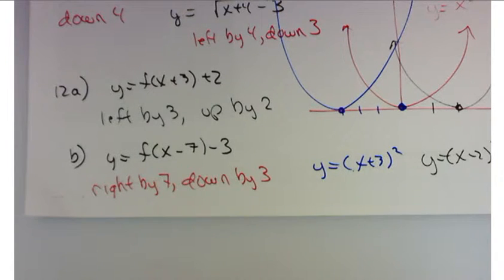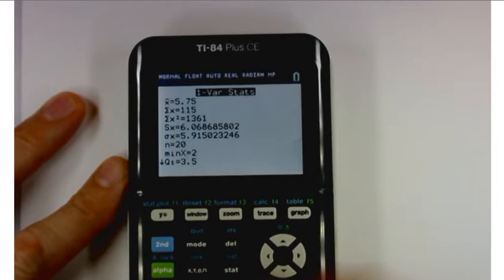Let's keep going with some other kinds of torture that we can do to our graphs, and that would be some stretches. So, for that, let me demonstrate things this way. Let's take out our graphing calculators and enter in a function.